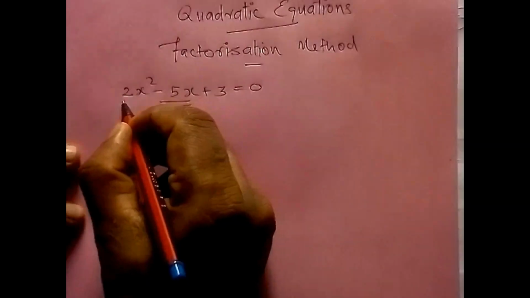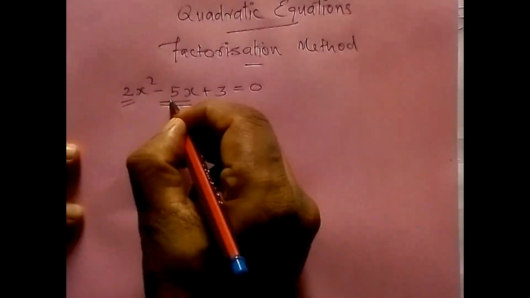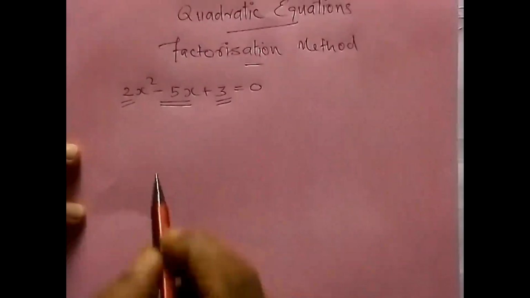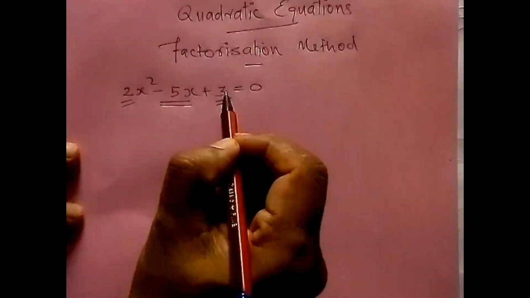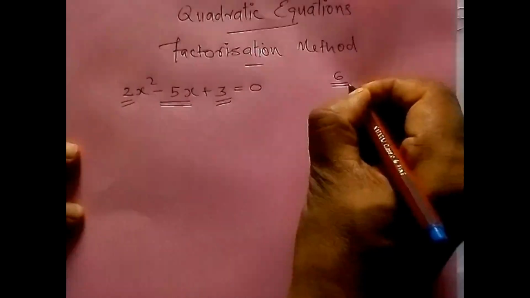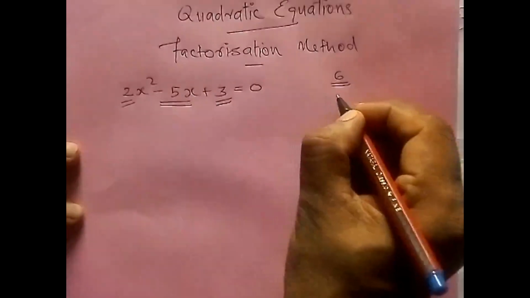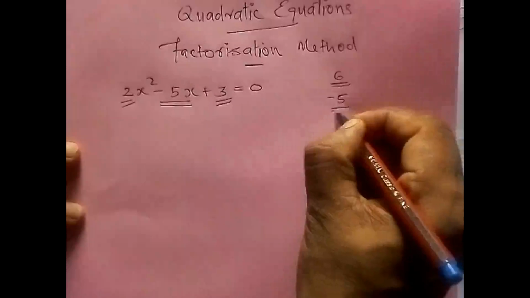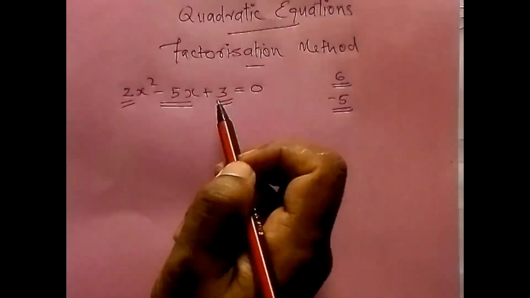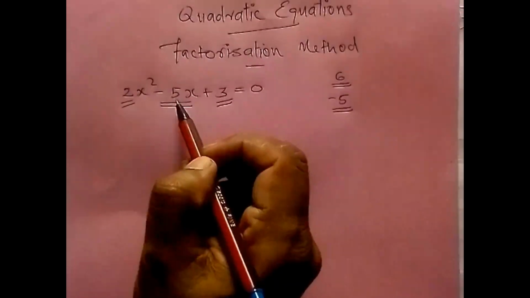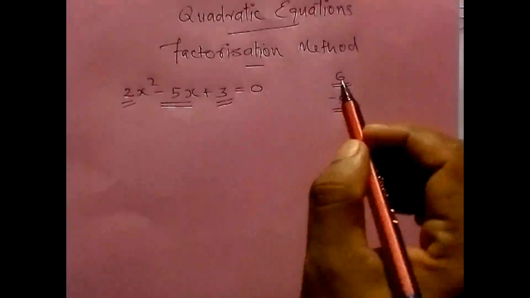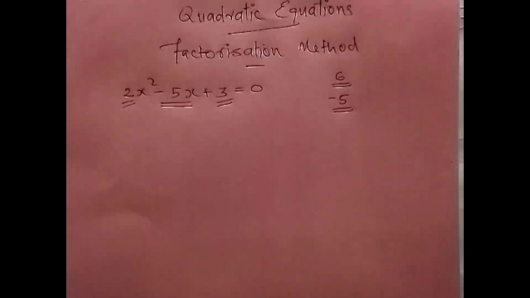See, we have a as 2, b as minus 5, and c as 3. We will multiply a and c, so we will get 6 here. And we have the middle term minus 5. So these are the two numbers we are interested in. First one is AC, then second one is B. With these two numbers, we will try to do some trick.